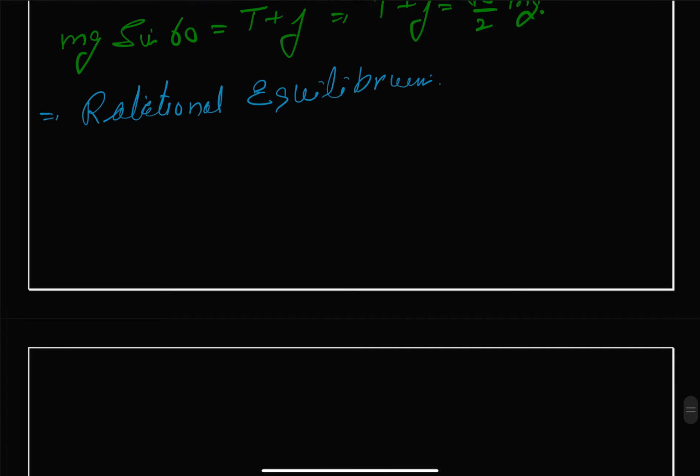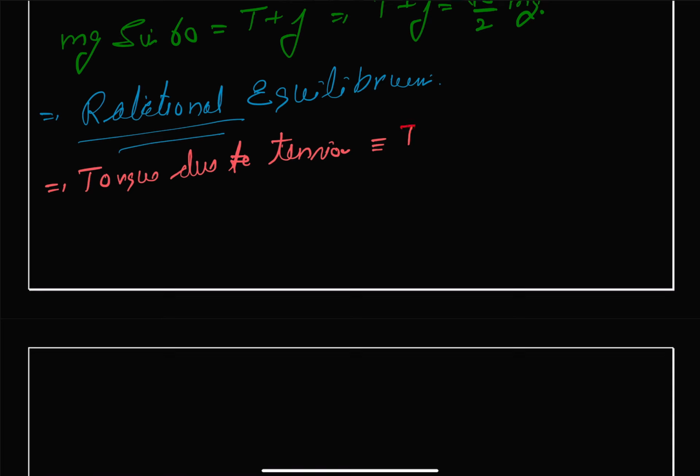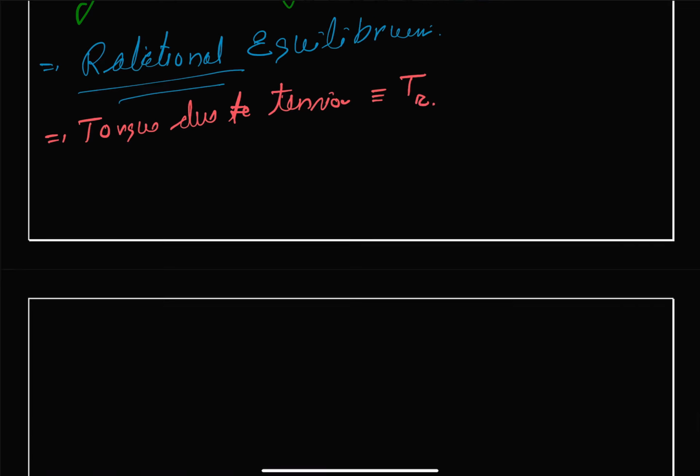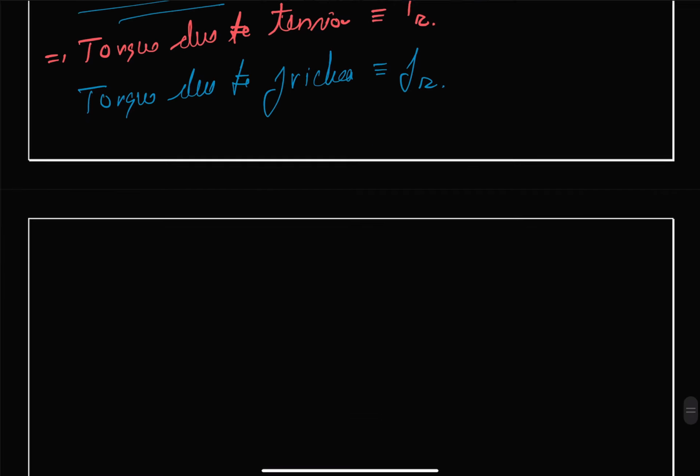So we can say that torque due to tension, let us call this T of R, and torque due to friction, let us call this F of R, and net torque should be equal to 0.